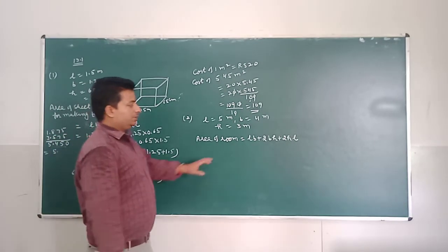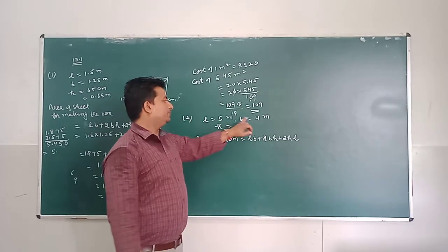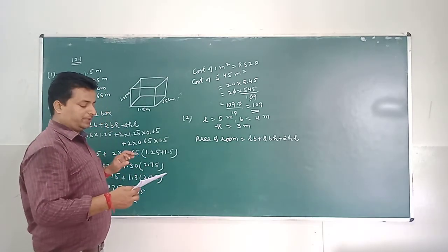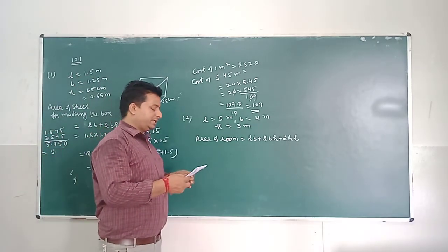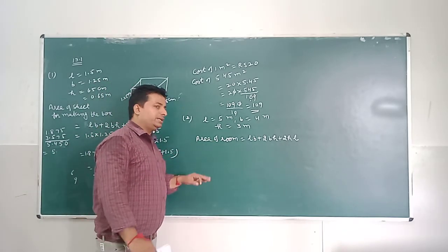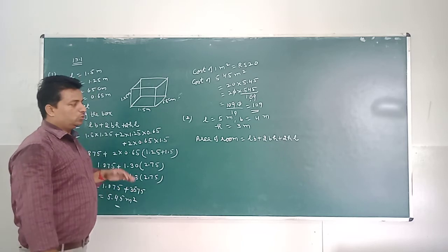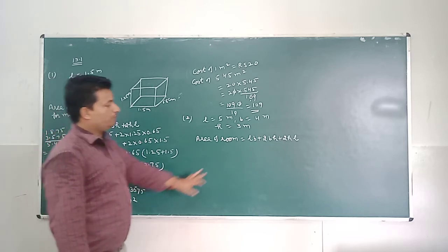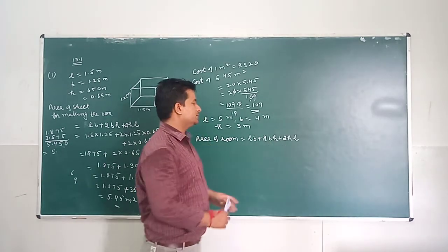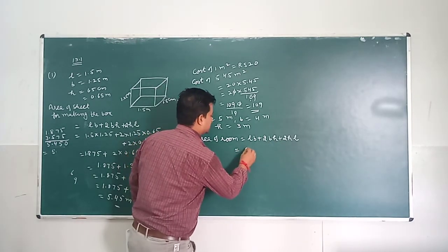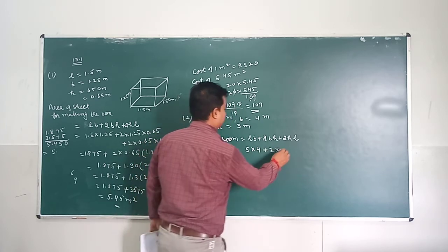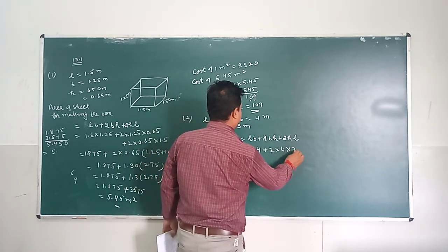In this question, there is a room of length, breadth and height. The cost of whitewashing is to be found at the rate of 7 rupees 50 paise per meter square. But the floor of the room is not whitewashed, so its area is length into breadth plus 2 into breadth into height plus height into length. Length is 5, breadth is 4, height is 3.